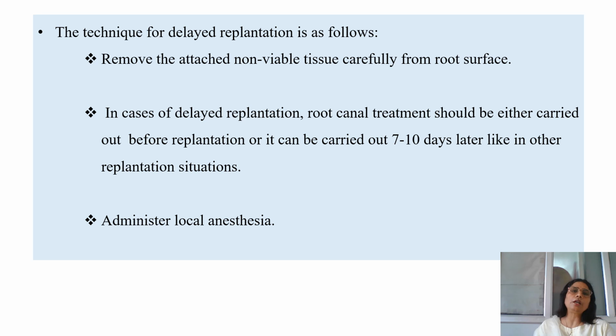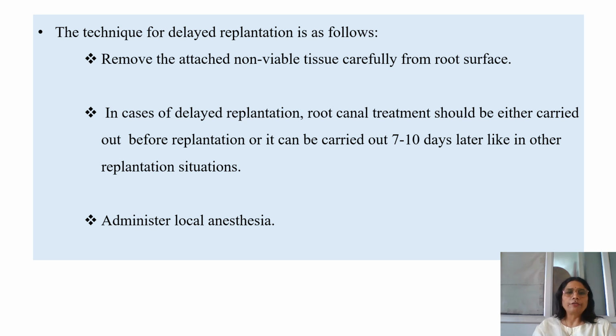The technique for delayed reimplantation is, first, you should remove the attached non-viable tissues from the root surface. Once that is done, the root canal treatment can be carried out before the reimplantation, or 7 to 10 days later like in other reimplantation situations.